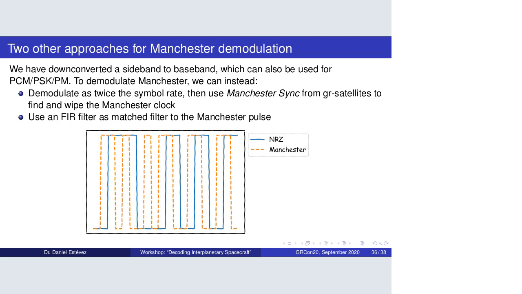This is O of n squared, for anyone who knows the big O notation. You can do it with O of n log n by taking advantage of Fourier transforms. So you can Fourier transform your data, Fourier transform your sync word, multiply the Fourier transforms, and do the inverse Fourier transform. Maybe those who know how to do cross correlation in the frequency domain know what I'm talking about. If you don't, I think there's plenty of material out there.